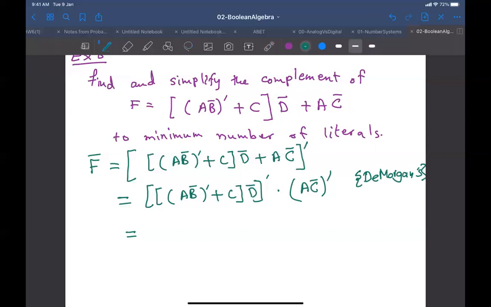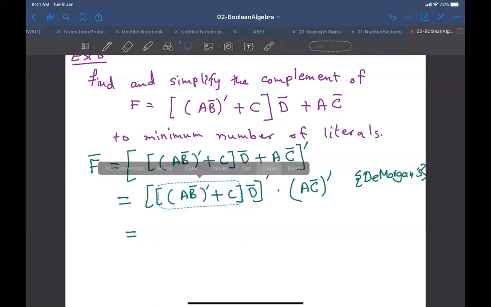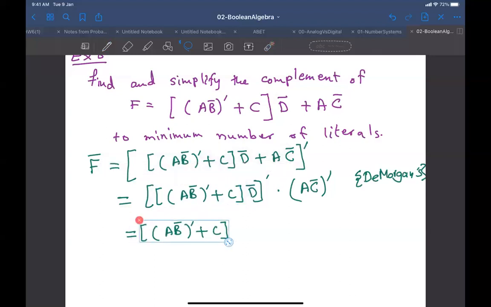So this one here, you have something ANDed with something. It will become the complement of that something ORed with the complement of the other thing, right? So we need the complement of this, but it has to be ORed with the complement of the complement, which is D. And then I need a bracket.